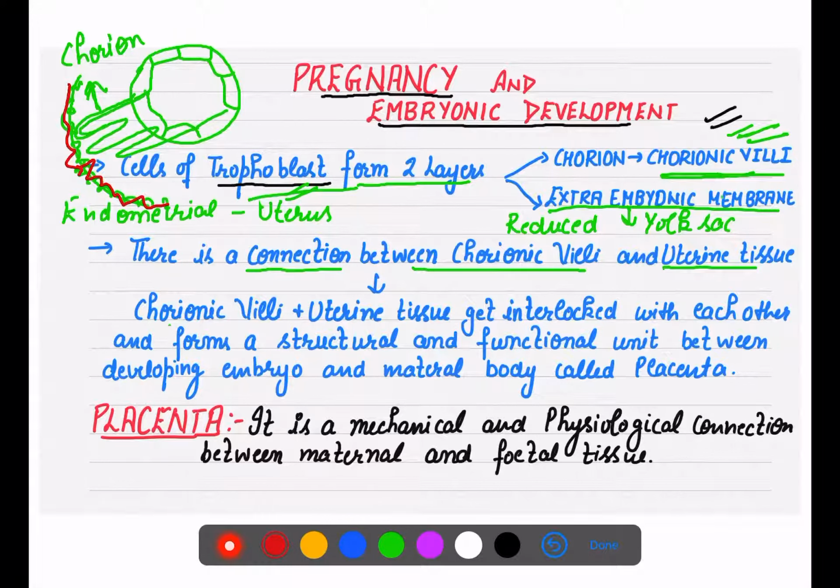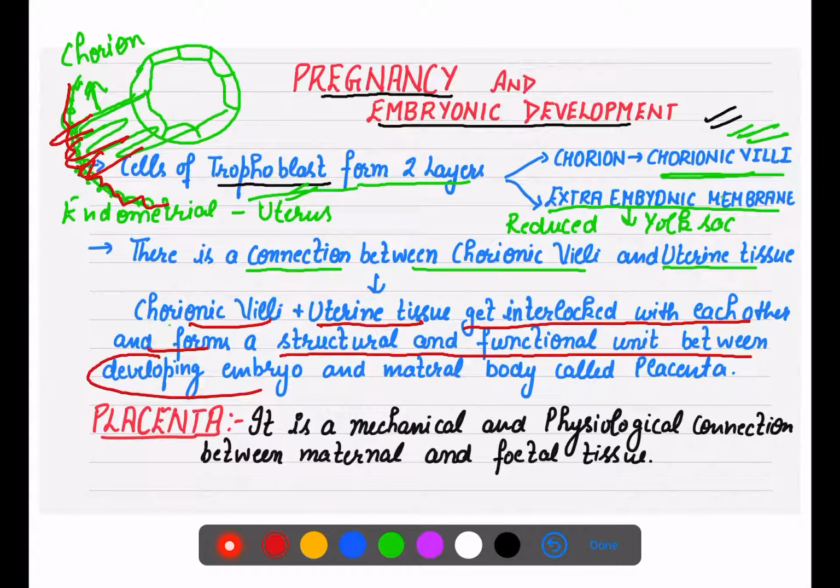When they get interlocked like the fingers of your both hands, chorionic villi as well as the uterine tissue form a structural and functional unit, which is a connection between embryo and maternal body, and is called placenta.